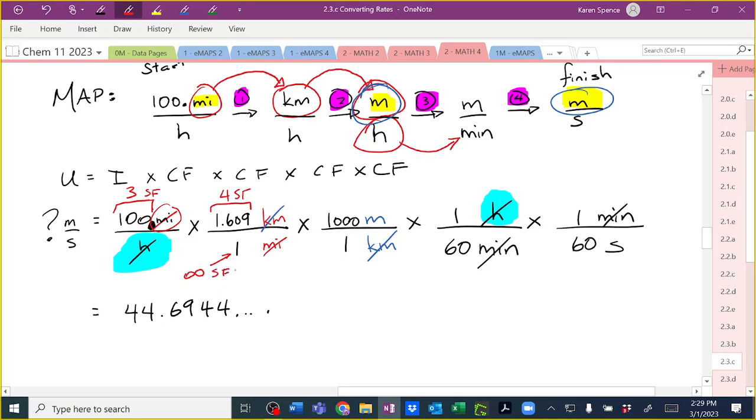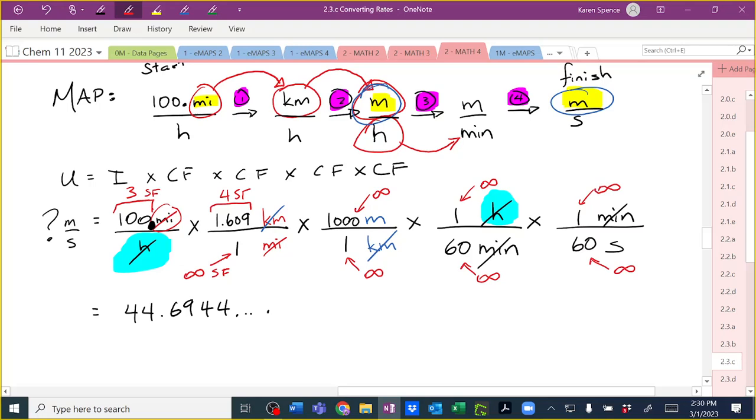And now we get into a whole bunch of things which are all definitions. There are exactly 1,000 meters in 1 kilometer. There is exactly 1 hour for every 60 minutes, exactly 60 minutes. And there is exactly 60 seconds in exactly 1 minute.